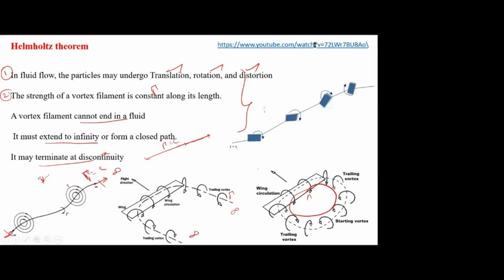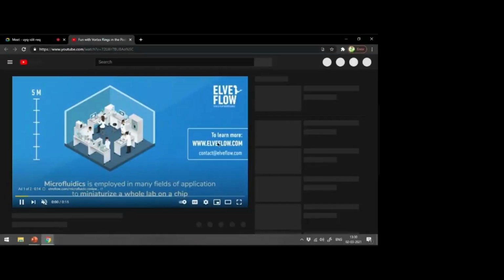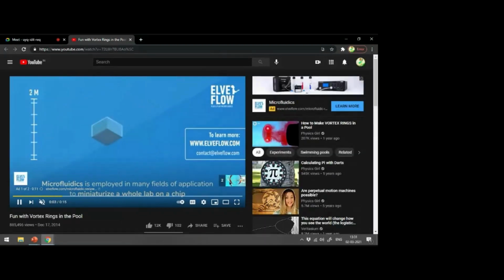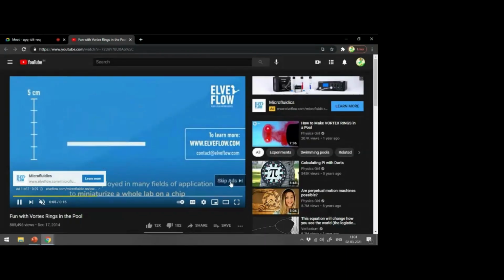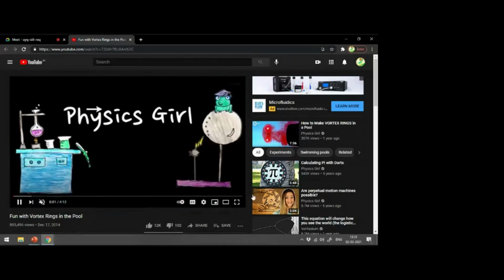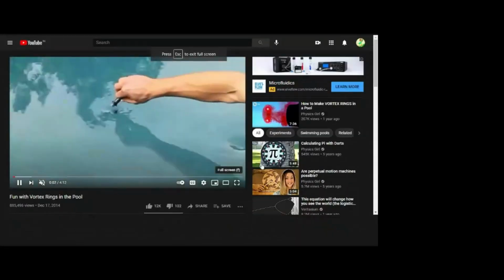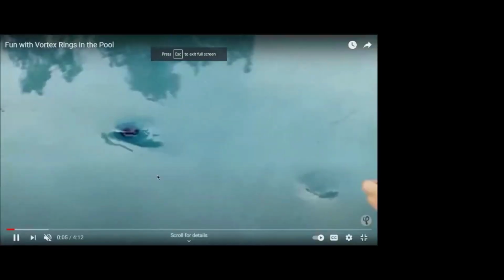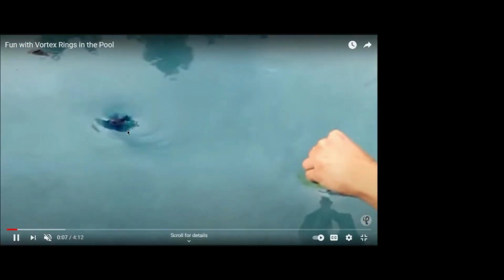I think using this video, you can explain that easily. So this is also one vortex filament. You can see, using the dye, we can see the vortex filament within the water.